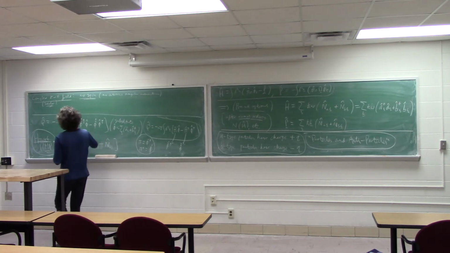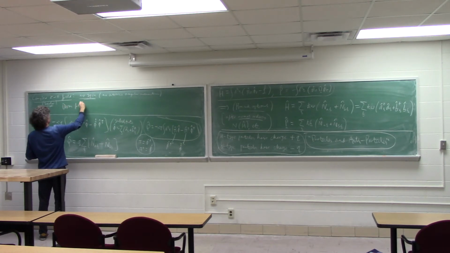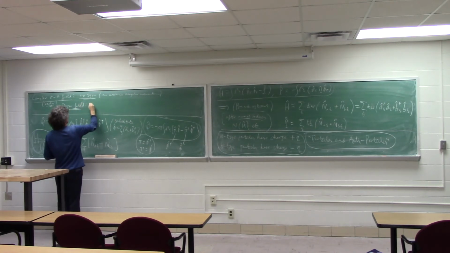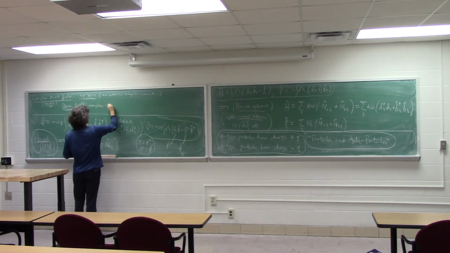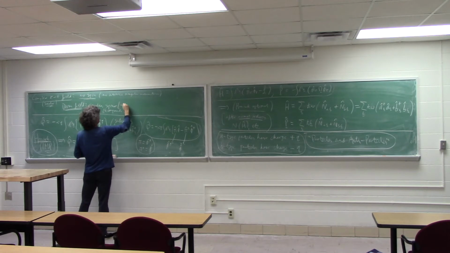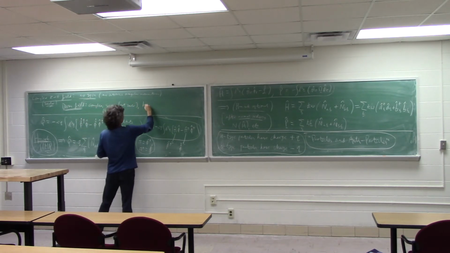Later on, when we do the Dirac field, the Dirac field is complex, and it's a spinor field. It has 4 components. It's not a scalar, and it has spin.